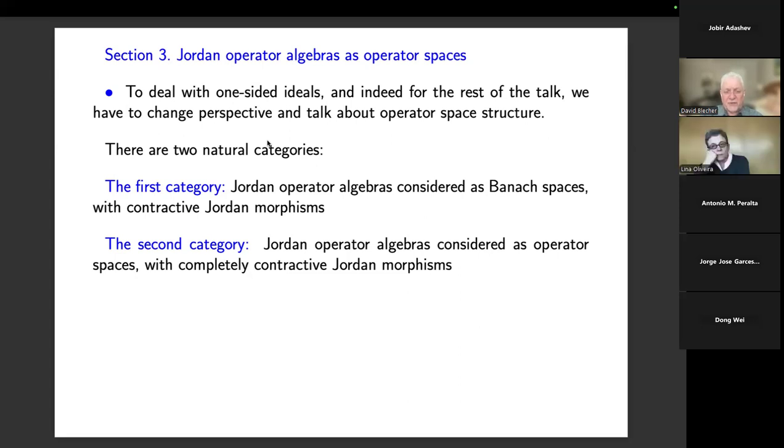The first category is if you consider them as Banach spaces with contractive Jordan morphisms. That's what we've been doing so far in the previous section. And the second category is if we consider them as operator spaces with completely contractive Jordan morphisms.